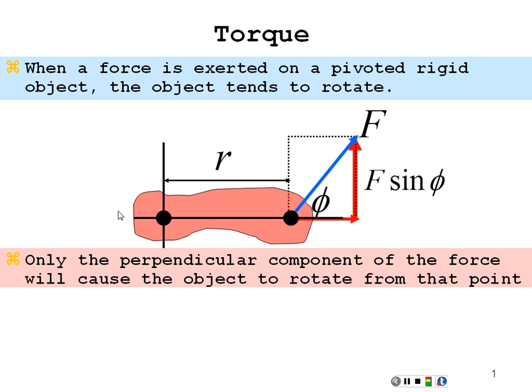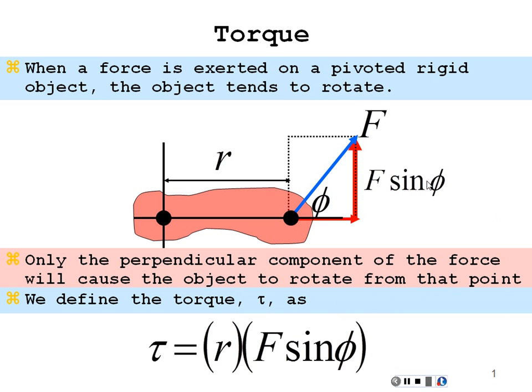And hence, we'll have this distance r times this perpendicular component F sine phi, and our torque will then be r times F sine phi, where phi is the angle between the radial direction and the direction of the force. So torque is r times F sine phi. We'll have units of newton meters.